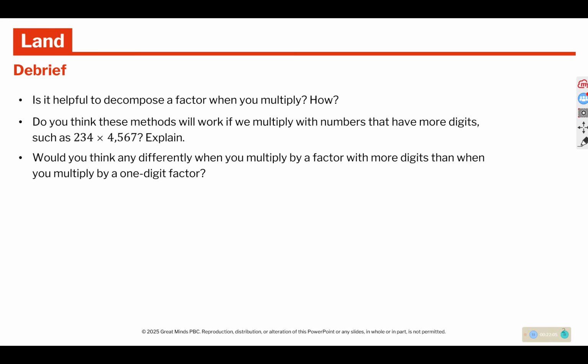Would you think any differently when you multiply by a factor with more digits than when you multiply by a one-digit factor? Yeah, there are some differences that you have to think about. Instead of just multiplying by one factor in an area model, you may have more than one row to accommodate for the hundreds, the tens, and the ones place.